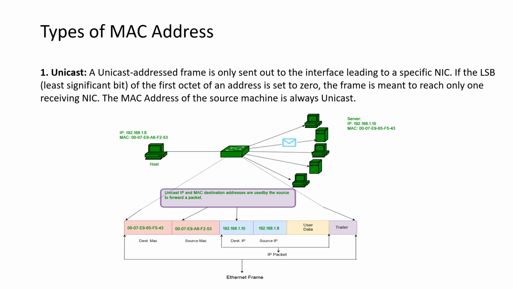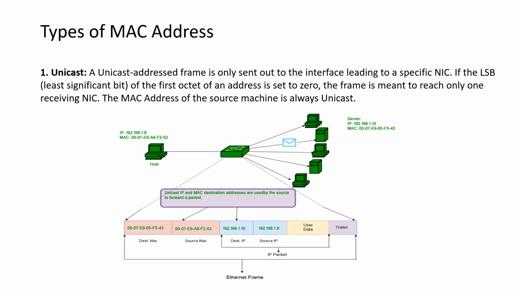Now, for unicast, when a host transmits a frame, the LSB of the first byte of the destination MAC address represents whether the message is for unicast or multicast.